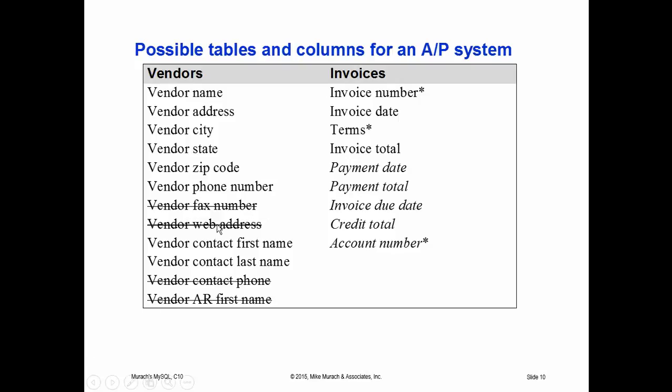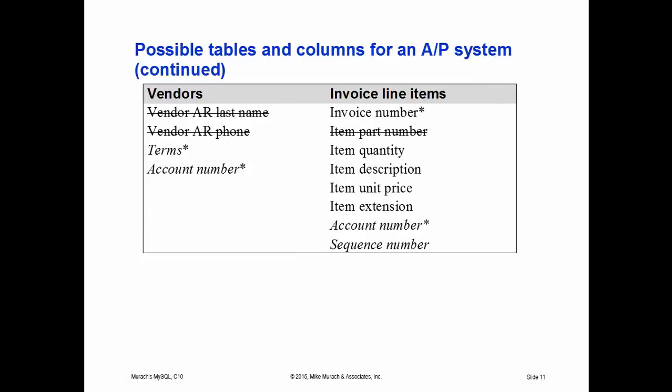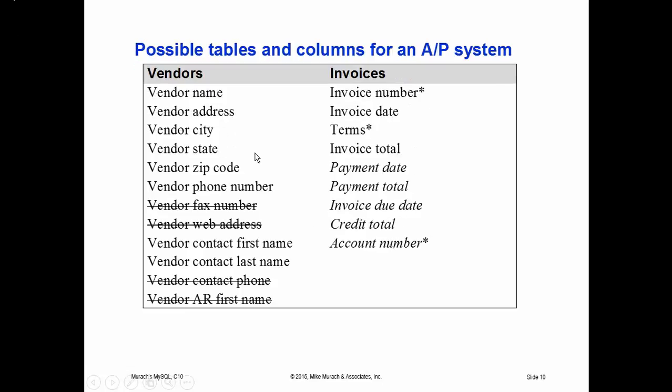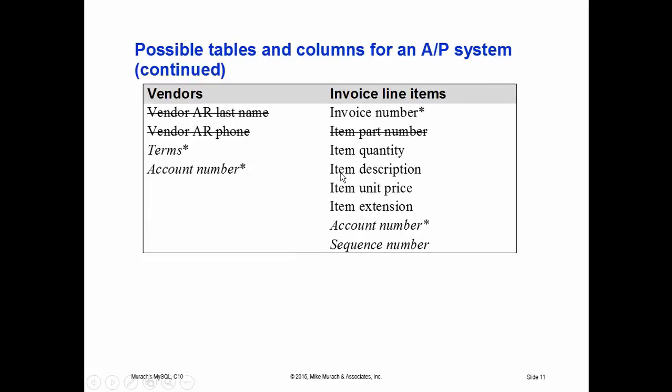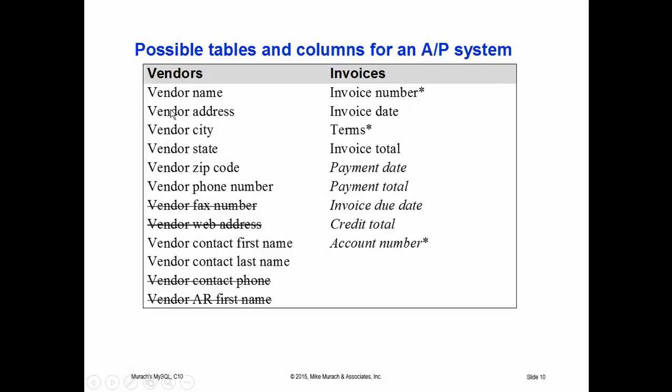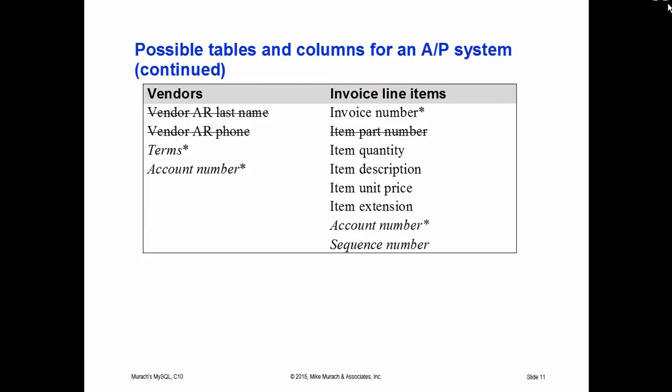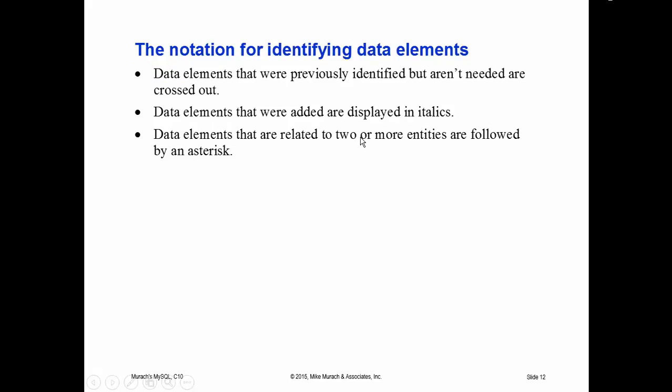All right, fax number, web address, and that, what they're doing right now is they're saying this information is what's going to go into a vendor's table, this is going to go into an invoice table, then we've got more information that goes into the vendor's table. Now we've also got an invoice line items table. All right? You have to start thinking about what you want to store and possibly what you don't want to store. All right?